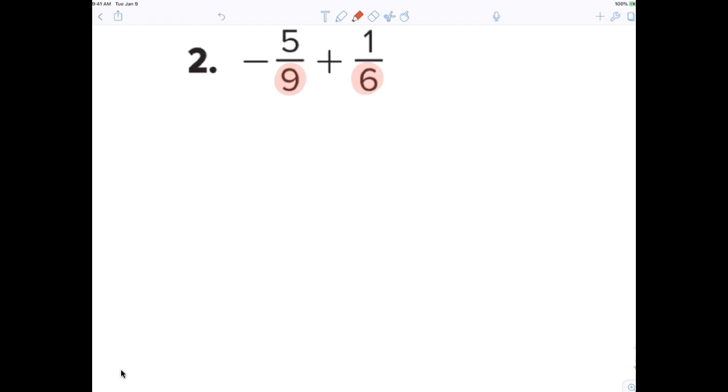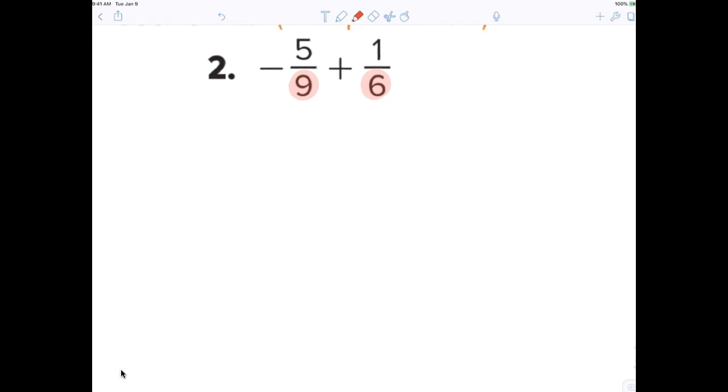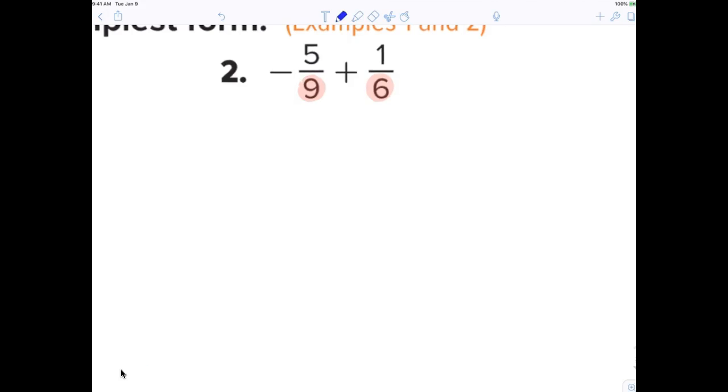So somebody said the common denominator was 18. Now, in my opinion, vertically is better. So we're going to do negative 5/9 plus 1/6. Now, how do we know it was 18? Because 18 is a common multiple of 9 and 6.